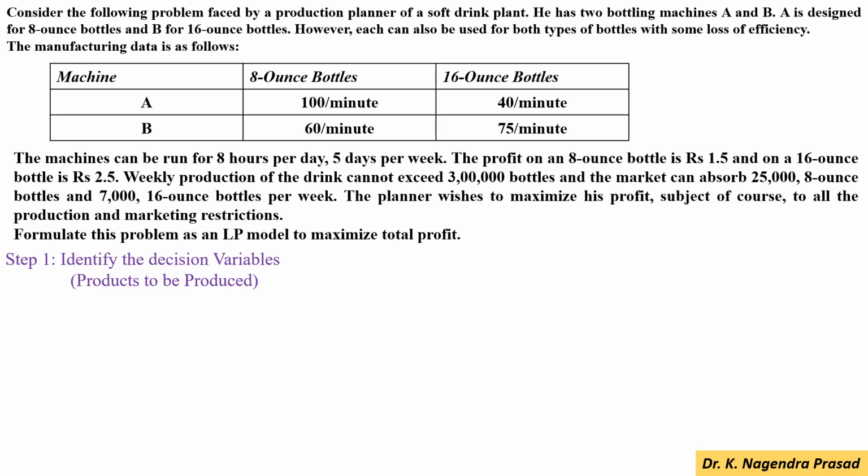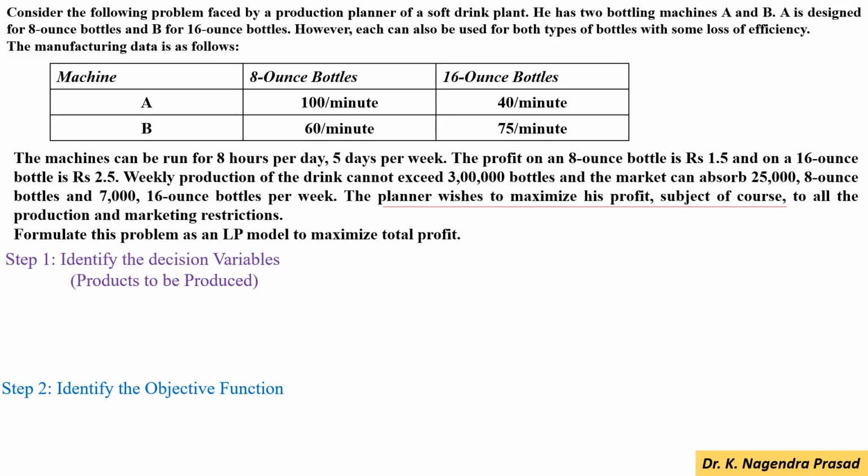Then we have to go for the second step, that is, identify the objective function. We know that the objective function of any organization is profit, cost, sales, etc. Then we have to look for these words. Here it is given: maximize his profit.